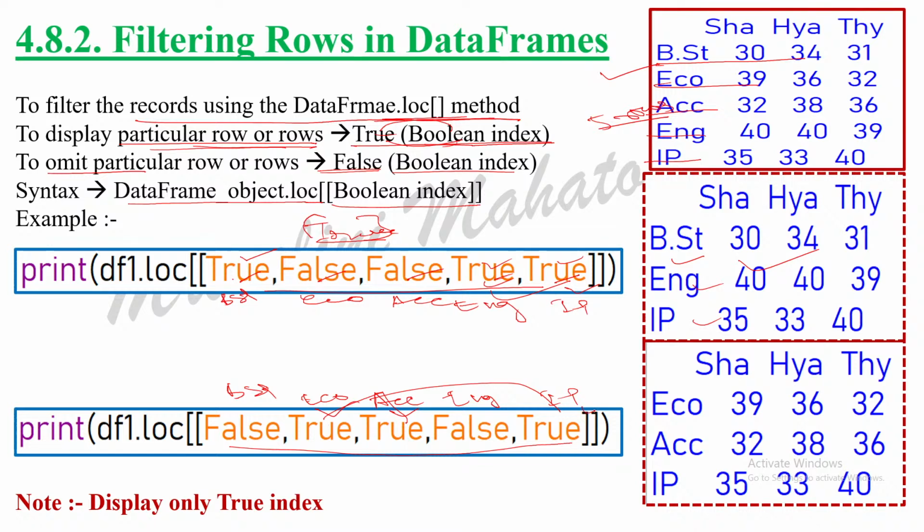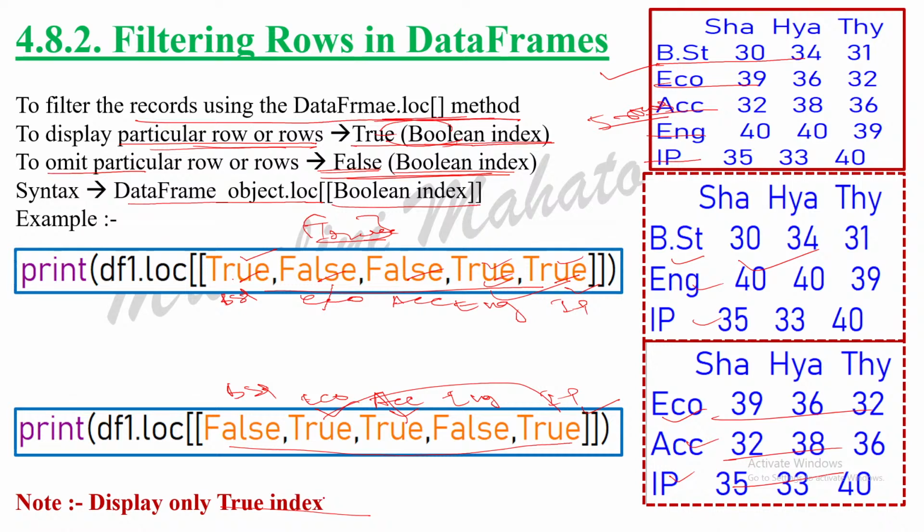Look here, economics, accountancy, IP. So this part only will display. What happened here? The particular row is omitted for a False value. Whenever you use False, that row is removed and the True values are displayed. Clear? That is why in the notes section I mentioned to display only the True entries.